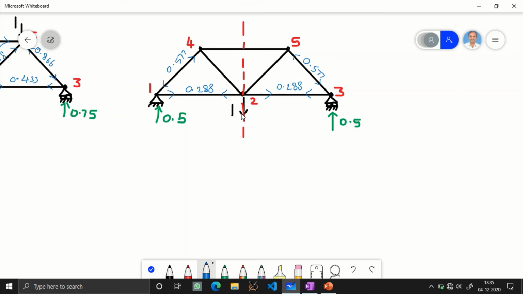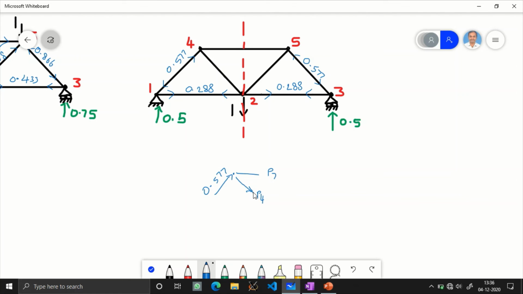Now I will choose either joint 4 or joint 5. Let me consider joint 4. In joint 4 I have P7, P4 and P3. P3 value is known here, which is towards the joint, 0.577. I will consider the vertical forces. 0.577, its vertical component will act upward, so the vertical component of P4 must act downward. So now I know the sign for P4.